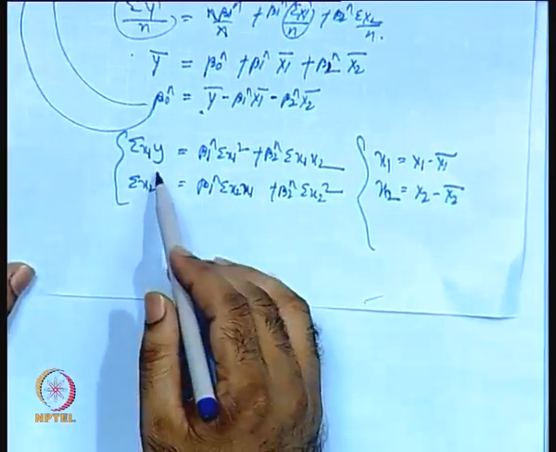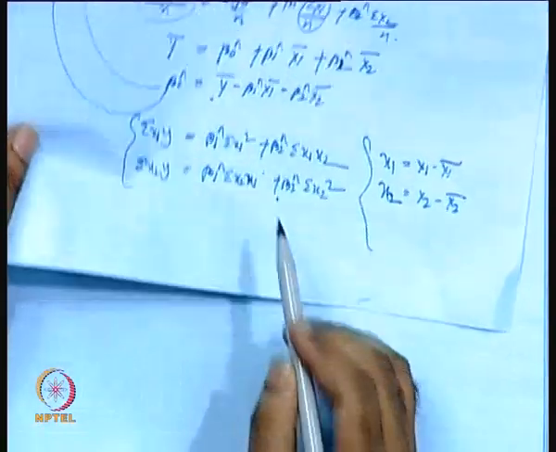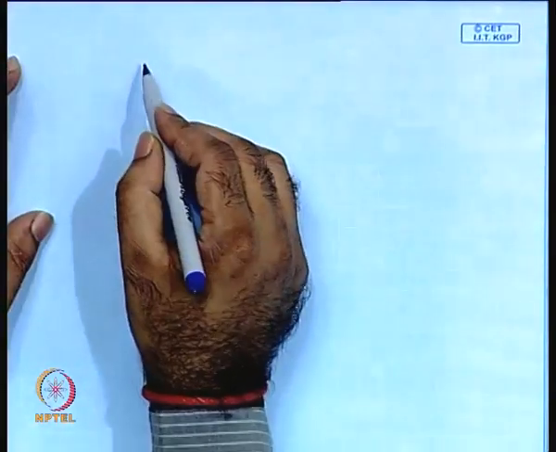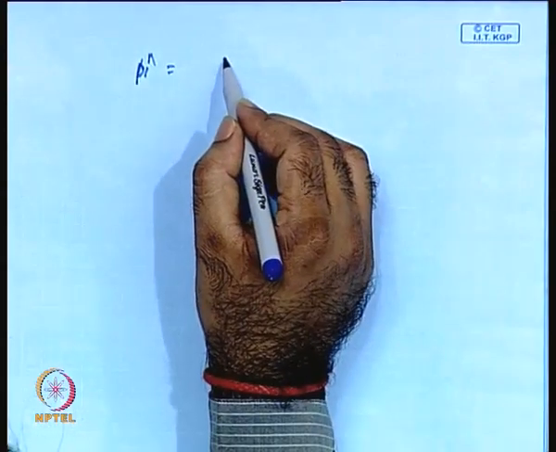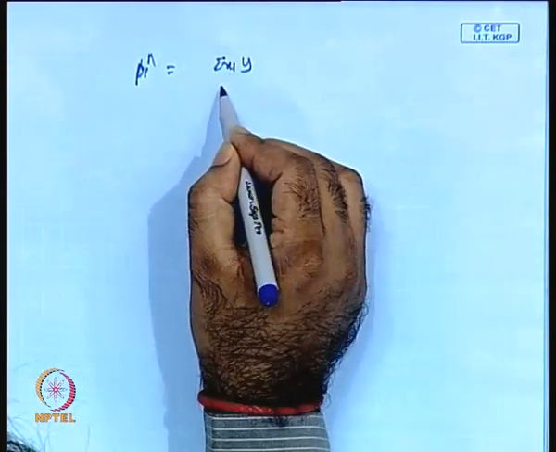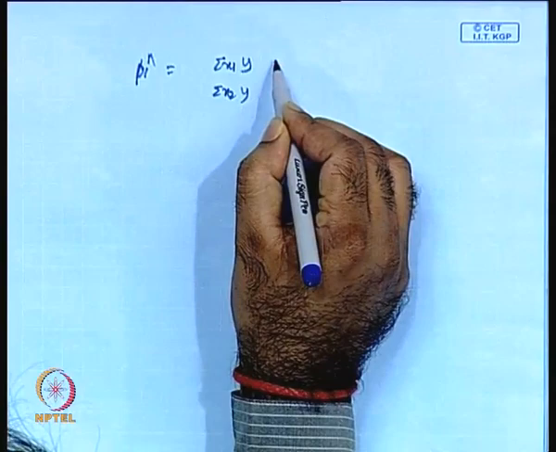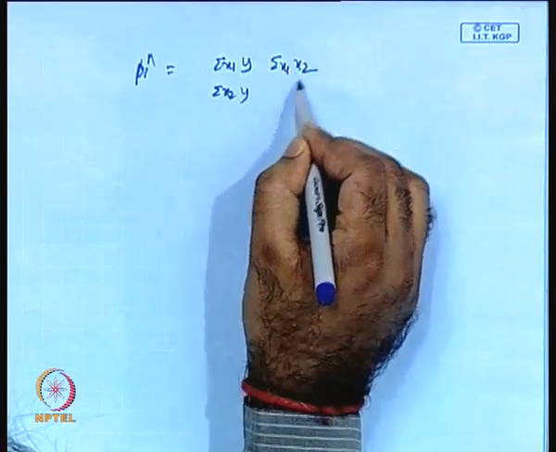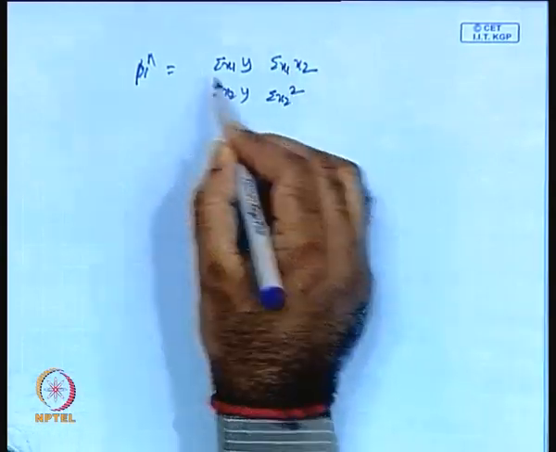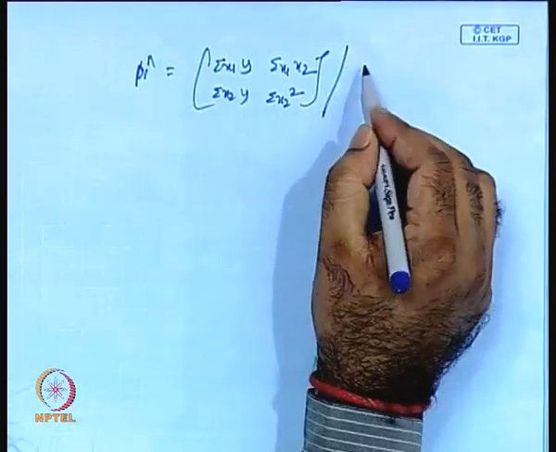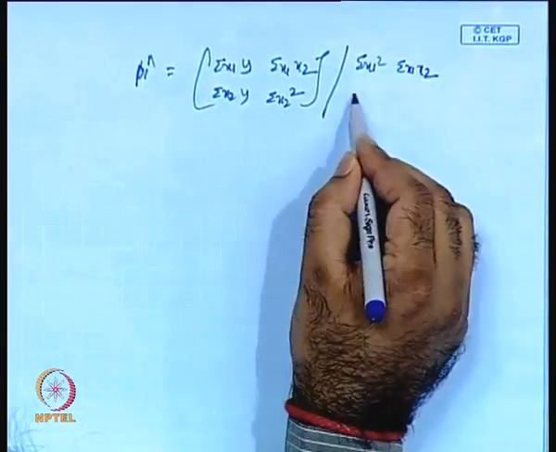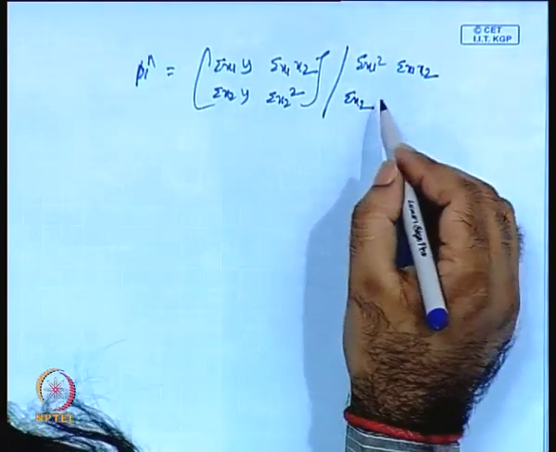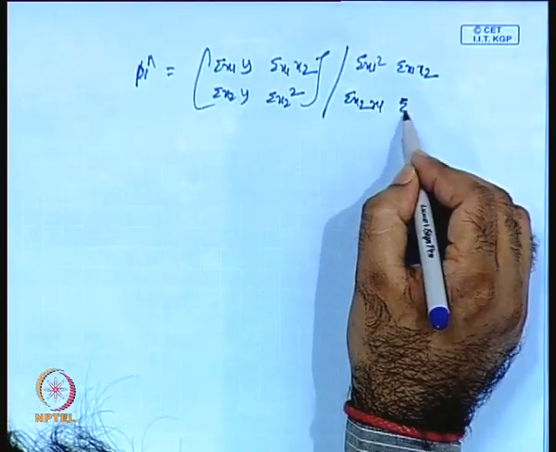So if you simplify this structure, beta 1 hat is equal to the determinant with summation x1y, summation x2y, summation x1 x2, summation x2 squares, divided by the determinant with summation x1 square, summation x1 x2, summation x2 x1 and summation x2 square.